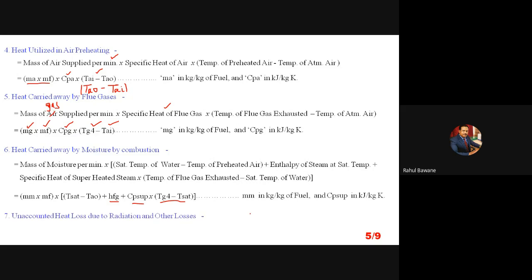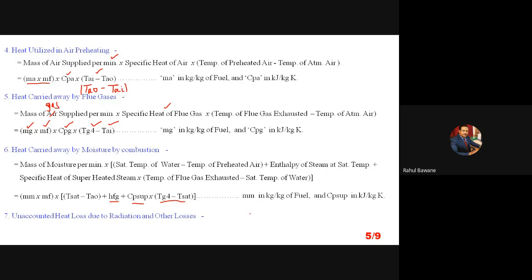And the last part, still there is some mismatch in the heat balance. Where is the mismatch? Some heat gets radiated, some heat is utilized to heat up boiler parts, some heat is lost by convection, and some heat is carried away by surrounding air flow. So these are not countable.